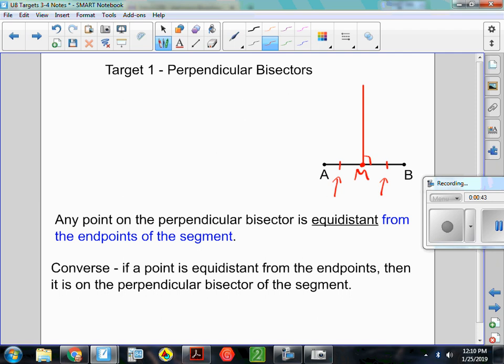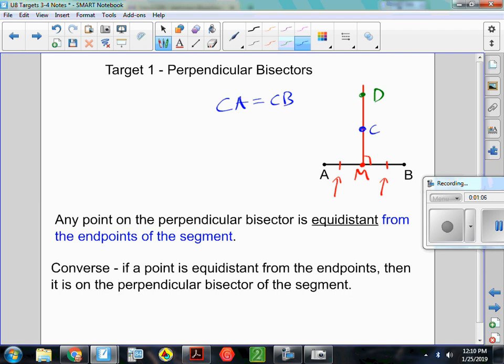Here's what we know. We know that if we put any point on a perpendicular bisector, so if I call this point C, or if I do another one, point D, it says this in words here, any point on a perpendicular bisector is equidistant from the endpoints of the segment. So what that means when I drew point C, that means that CA is going to equal CB.